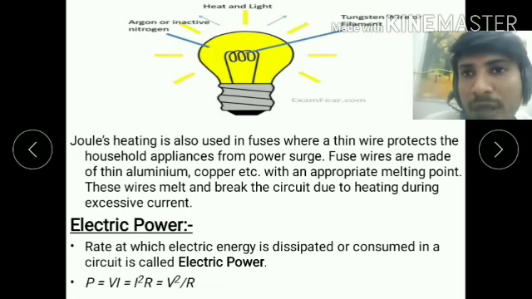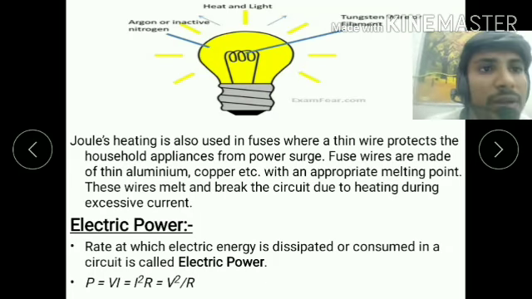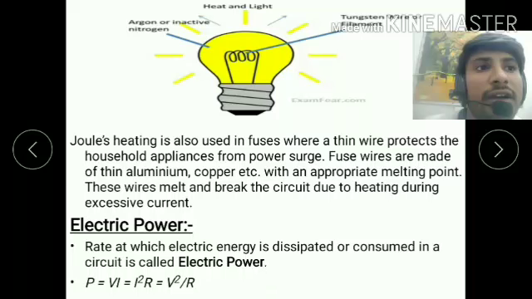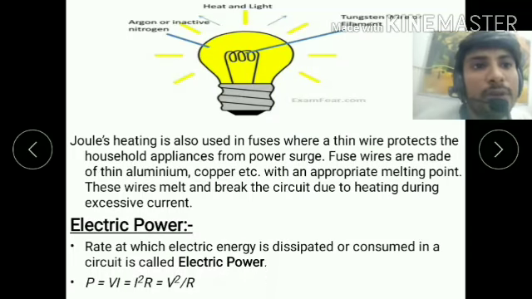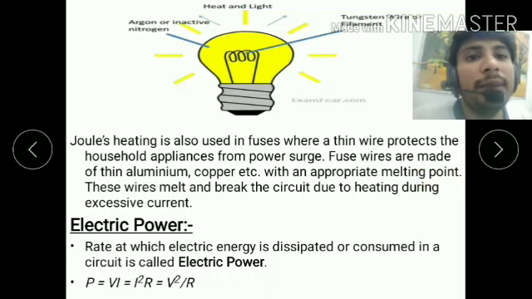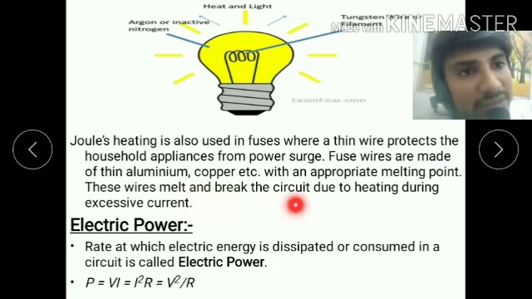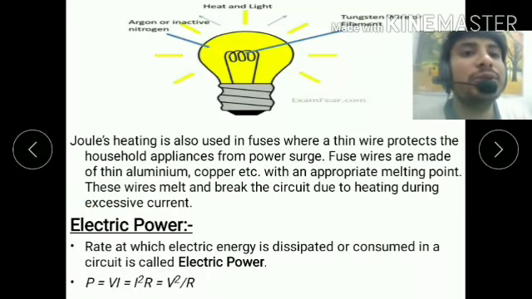When it absorbs a high amount of electricity flowing through the circuit, it starts to melt and breaks the connection of current. That's why we use the fuse. The fuse also works on the heating effect of current. Within the appropriate melting point, this wire melts and breaks the circuit due to heating during excessive current.